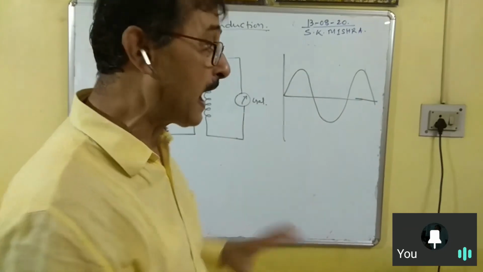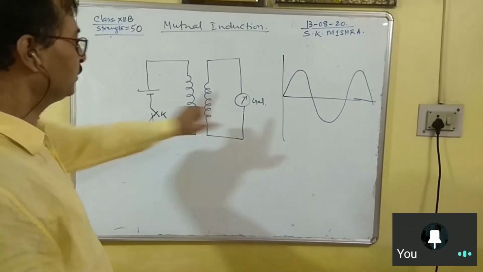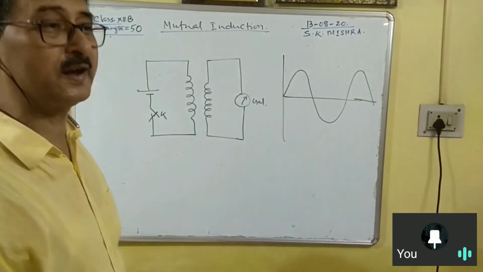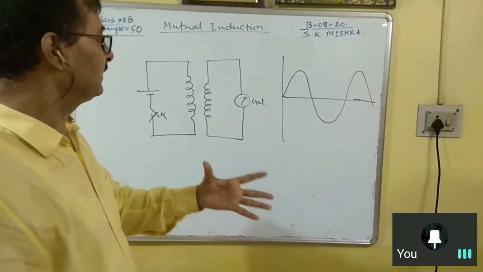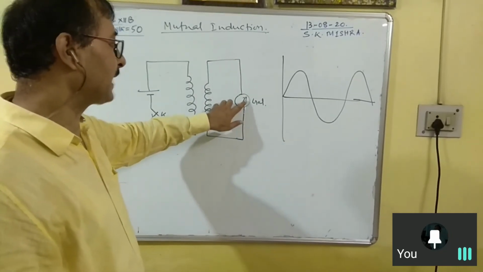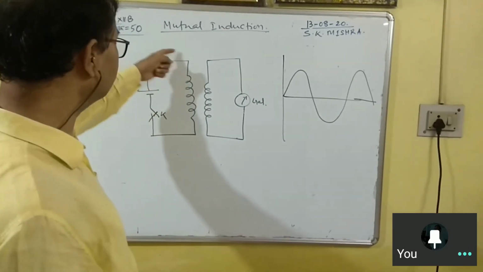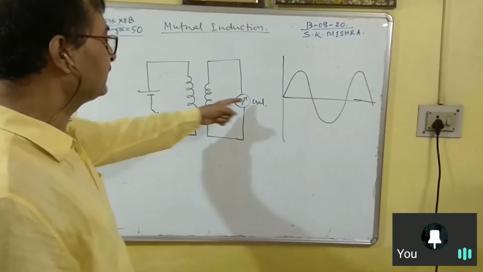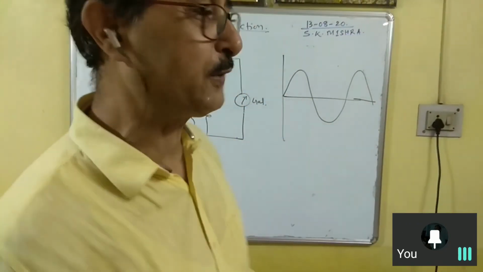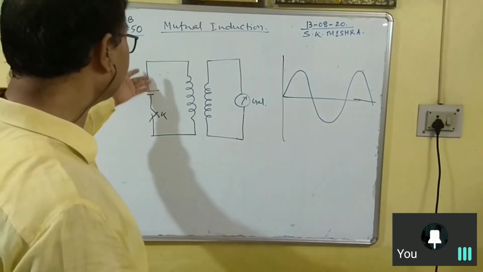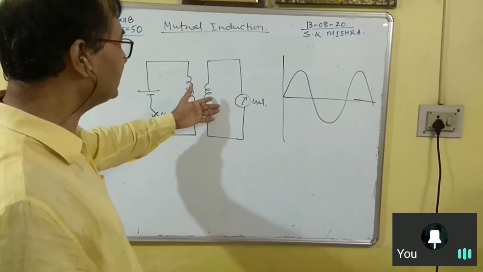But if you have a battery-like connection, the instant you press the key, you will find an instantaneous deflection in the galvanometer, and after a few seconds, maybe 1 second, maybe half a second, maybe a quarter second, the galvanometer pointer again goes to zero. Because the moment current stabilizes in the primary coil, the deflection disappears. So this is a peculiar phenomenon in which we are passing current through one coil and an induced current is produced in the neighboring coil.